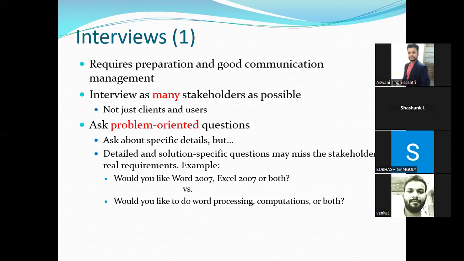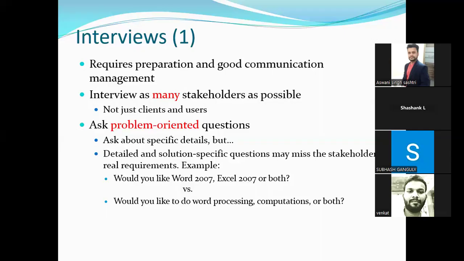Whenever you ask about the problem of the client, and then you give the solution, it is open-ended. You're not just asking whether he needs Microsoft Word 7, Excel 7, or Open Office. No, you're opening the question for him so that he can speak up. He can tell you about the problems he is facing.